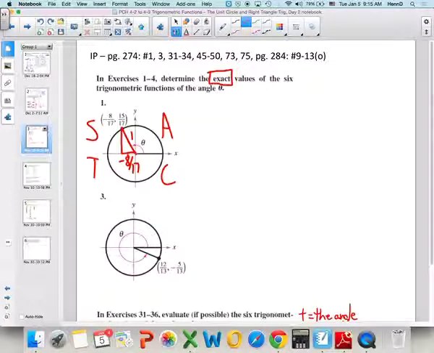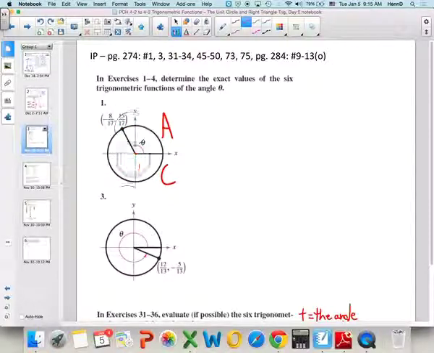Do not put it as a decimal. If they're talking about angles, particularly in radian measures, they're saying leave it in terms of pi. Don't give us a decimal for the radian measure. So watch out for directions in these sections.